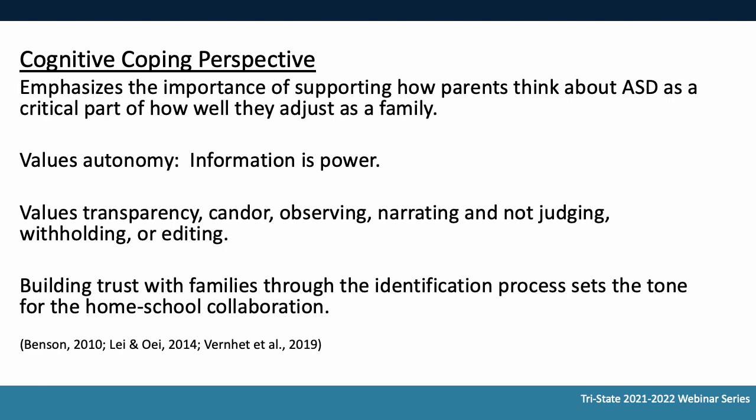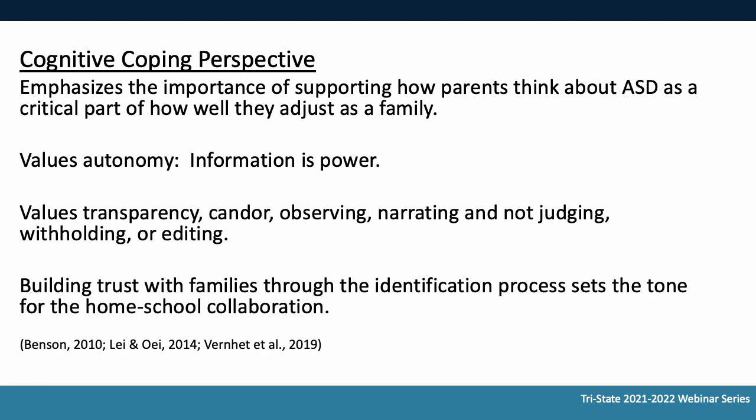So in a cognitive coping perspective, the professional's role is to encourage that parents are making accurate appraisals of their children's behavior and that they are noticing progress and being able to have a realistic idea of what they might be able to expect in the future.